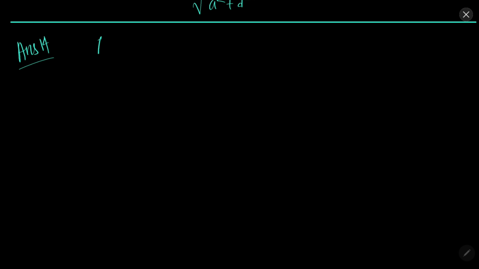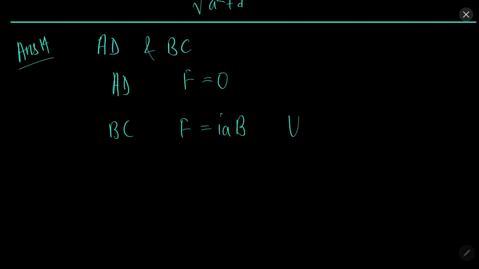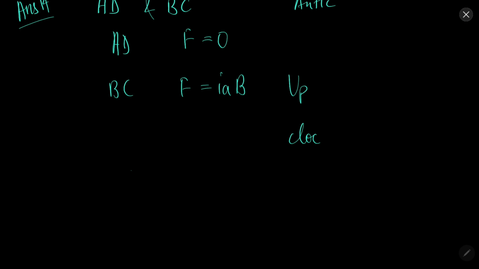So the forces for the current along AD and BC will be there, and for AD it will be 0, for BC it will be IAB and in the upward direction. This is for anti-clockwise; if current is clockwise, then F will be IAB downward.